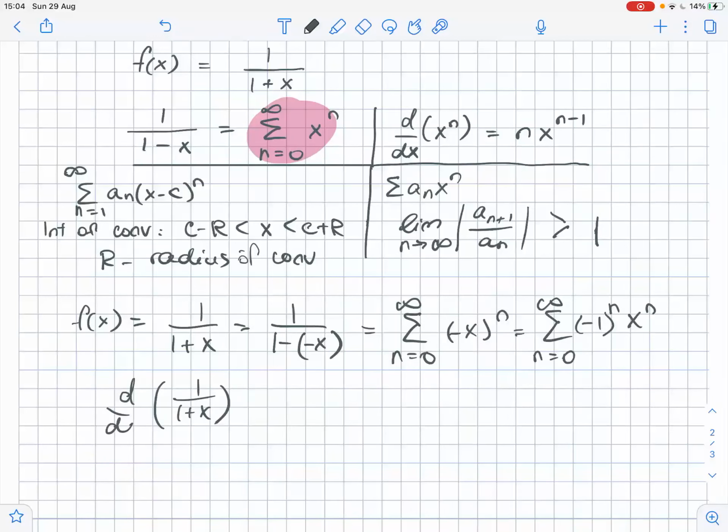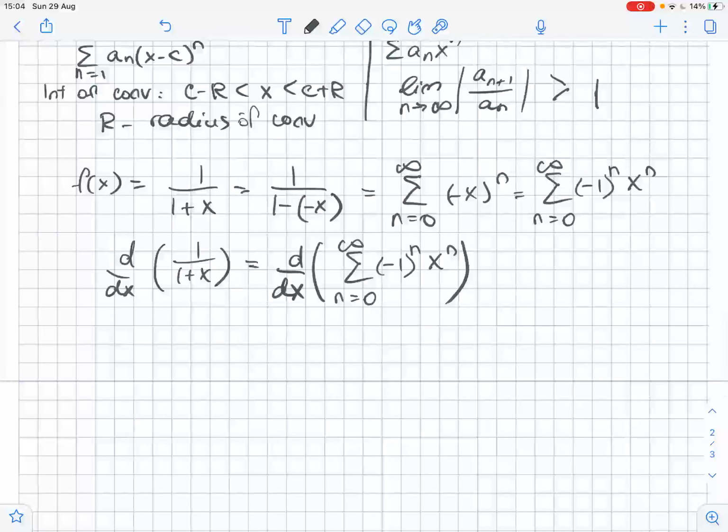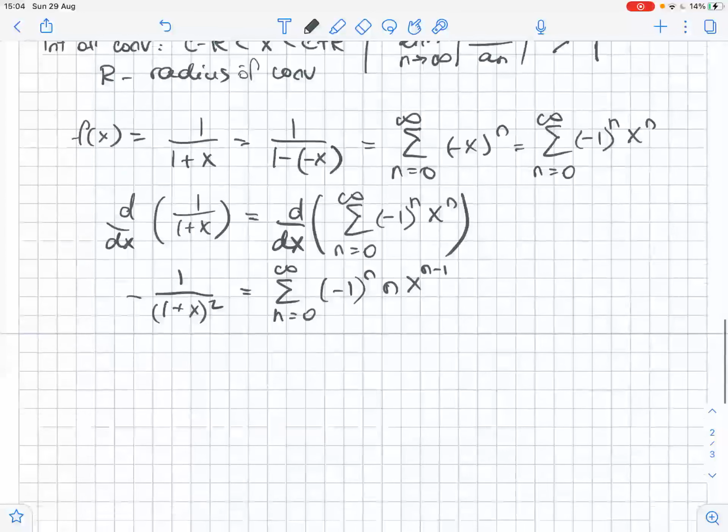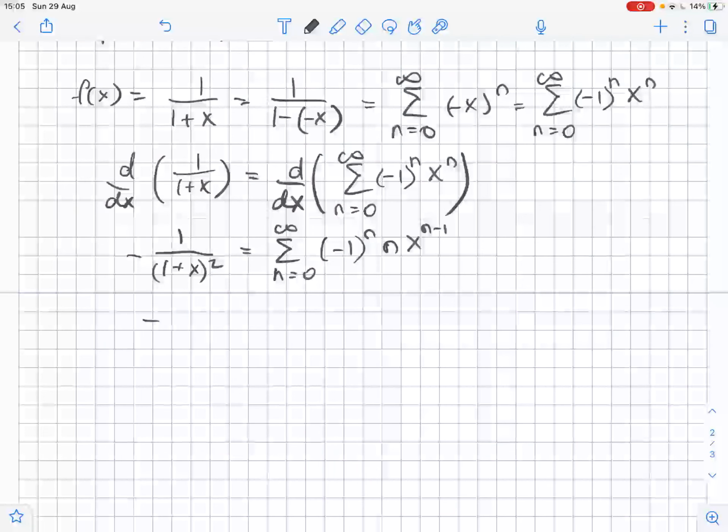So now we will differentiate both sides, and we will get that the derivative of 1 over 1 plus x with respect to x equals the derivative of this expression that we got right here with respect to x. On the left side we get negative 1 over 1 plus x squared, and on the right side we get the sum from n equals 0 to infinity of negative 1 to the power of n multiplied by n times x to the power of n minus 1.